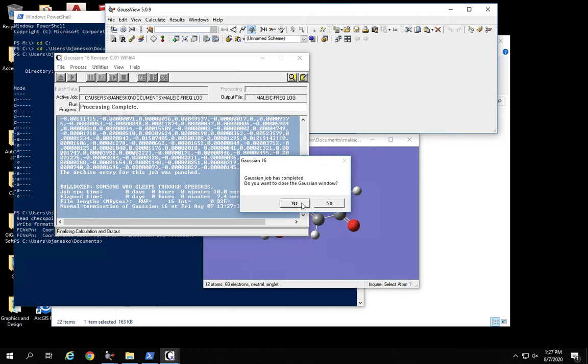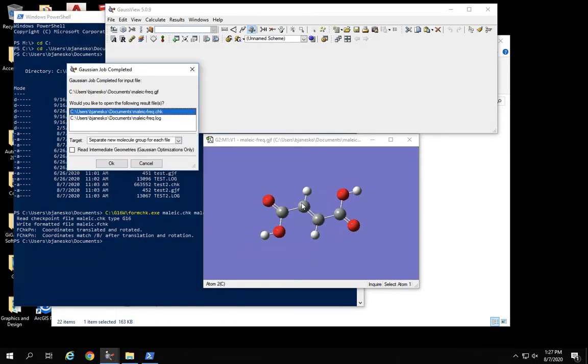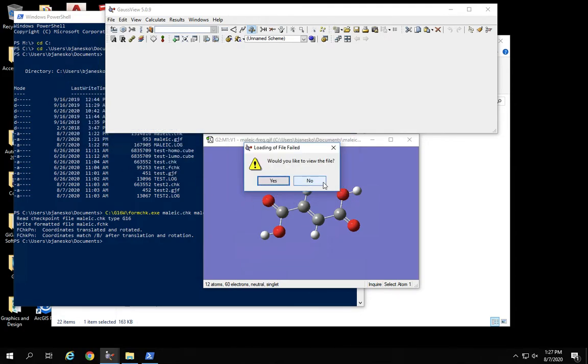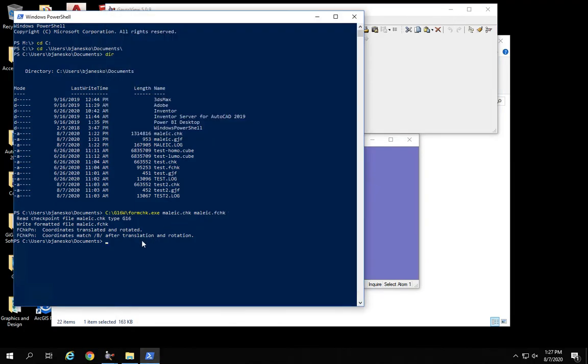And that's going to generate a new file. I'm going to try to open the log file. Again, that doesn't work. So I'm just going to go back to my PowerShell window and do all of this in the command line, and just run formcheck.exe on my checkpoint file that I wrote there.